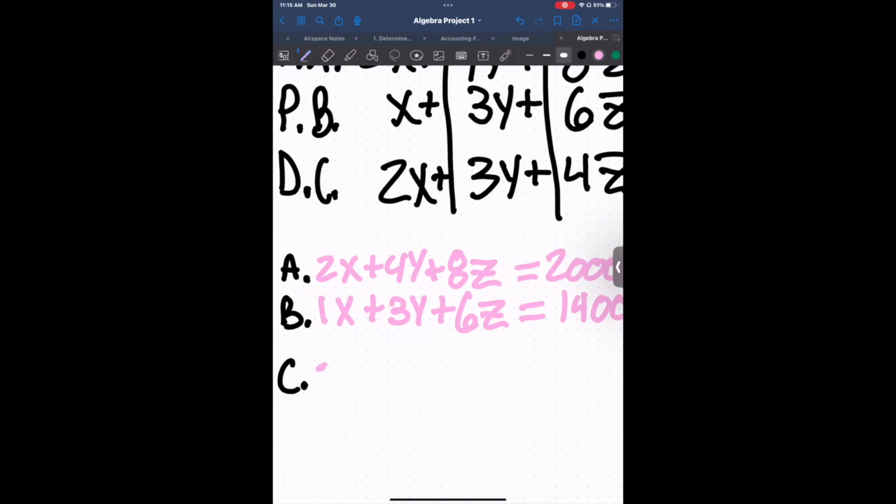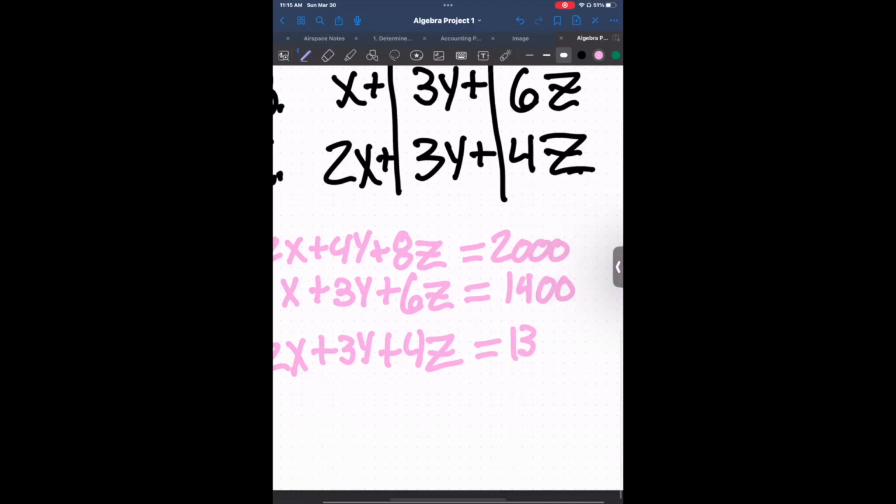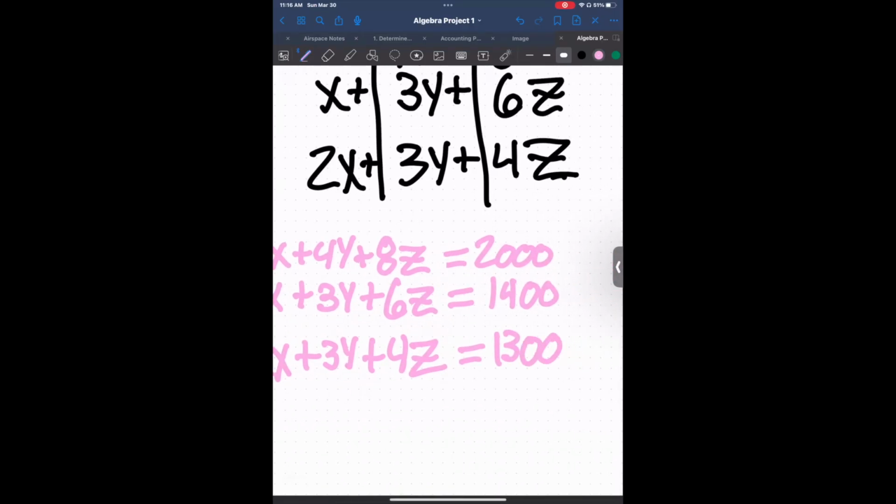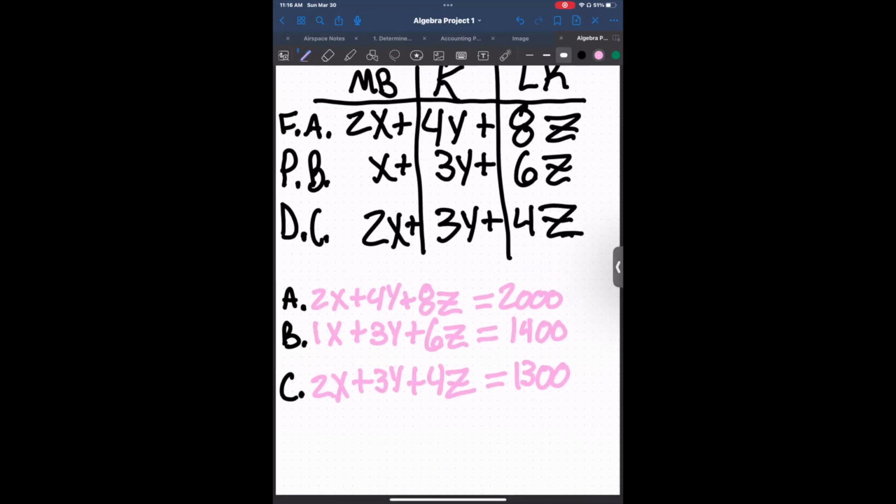Next is going to be drywall, so we want to make sure that we keep these in order: 3y plus 4z equals 1,300. So we'll check our work: 2,000, 1,400, 1,300, and the coefficients 4, 3, 2, and then there's an assumed 1.